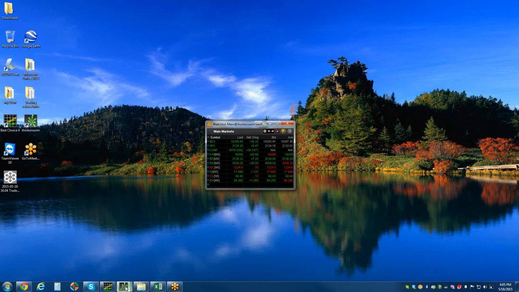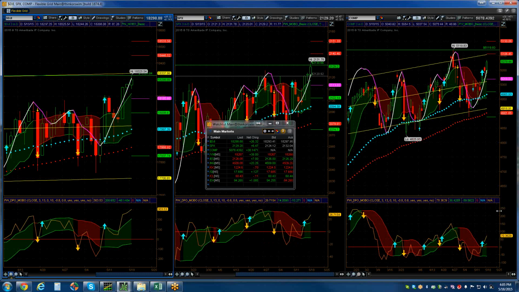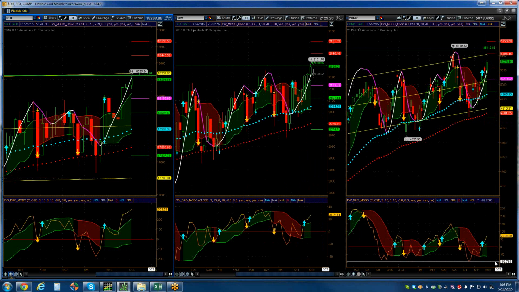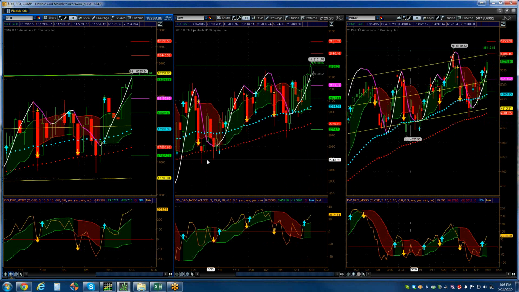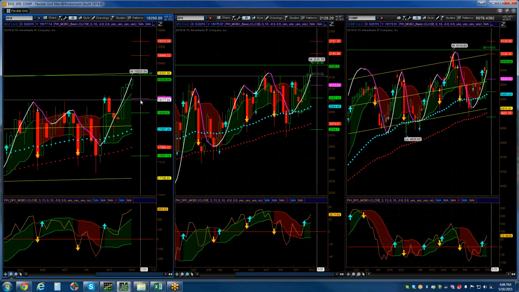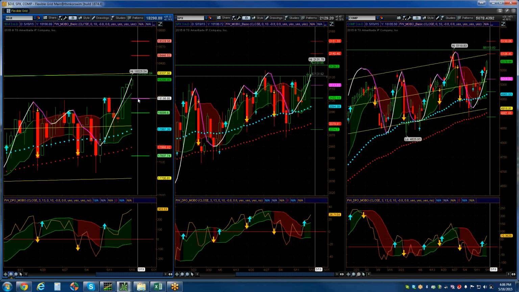With that, let's take a look at the large picture and see what the indices did so we can see the macro picture. One of the things I've done is I've taken the liberty of putting in support and resistance. These are automatic. If anybody wants the script, email me, and I'll be glad to send it to you.